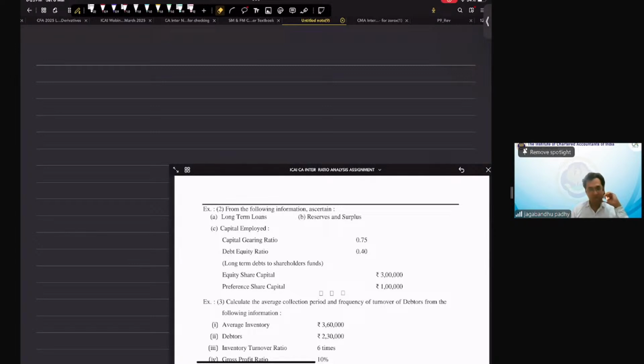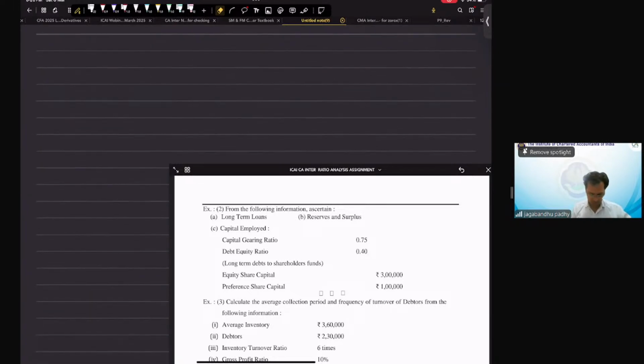From the following information, we have to ascertain the amount of long-term loans, reserves and surplus, and capital employed. Capital gearing ratio is 0.75, debt equity ratio is 0.4, and equity share capital is 3 lakh, preference share capital is 1 lakh. Long-term debts to shareholders funds are available. From this information, we have to ascertain long-term loan, reserves and surplus.